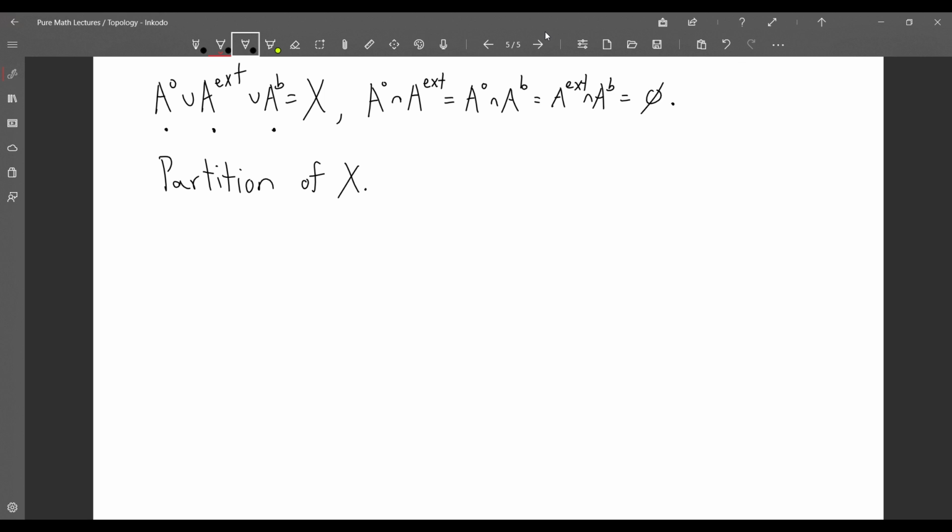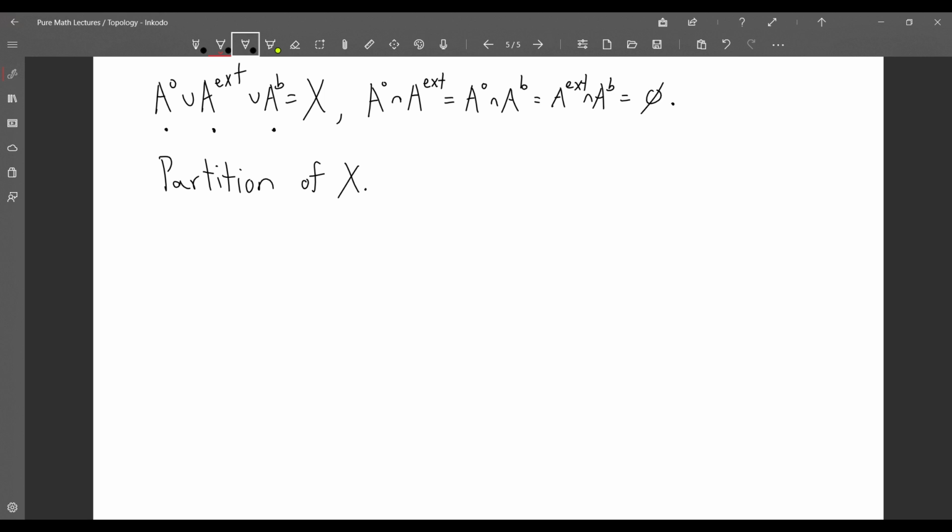And then the last part of the section in the text, Sweston, I think it's like theorem 71 or something, is a lot of properties of the interior. So I'll list the most important ones.